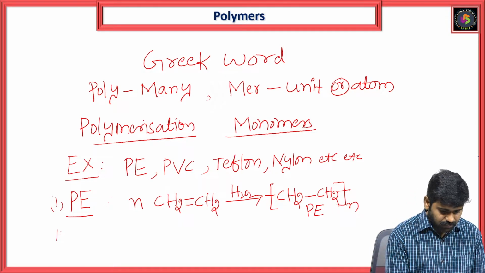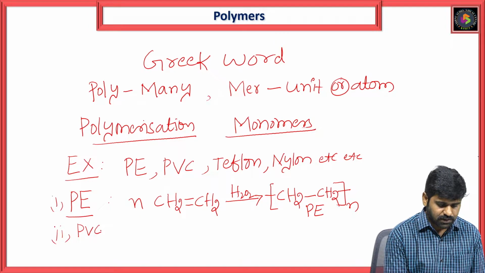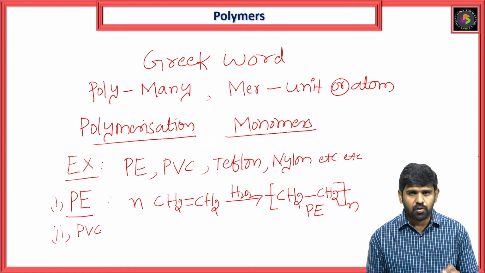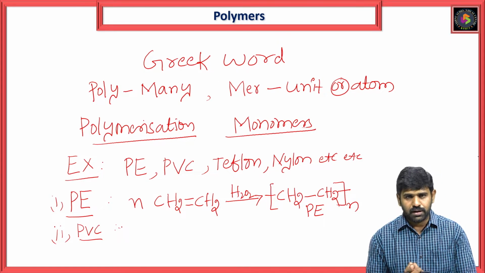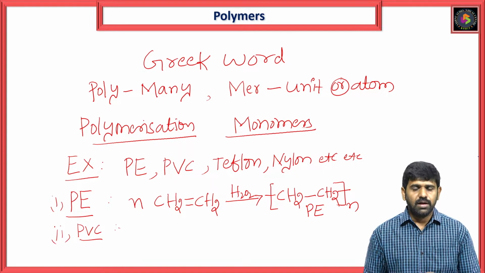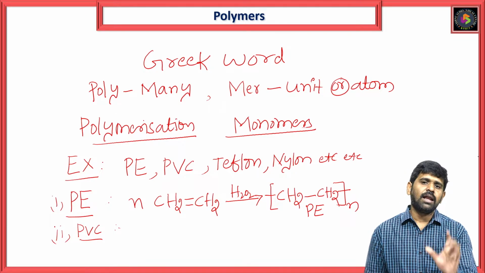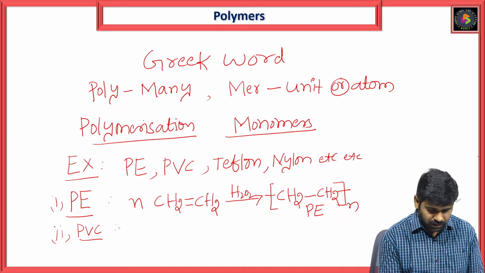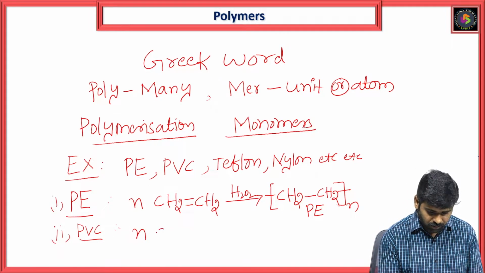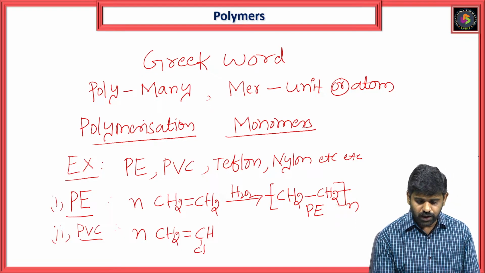Next, the second one, polyvinyl chloride, which is PVC. The name itself indicates vinyl chloride. So polyvinyl chloride is formed by the polymerization of vinyl chloride. What is vinyl chloride? I'll write here: N moles of vinyl chloride, CH2=CHCl. This is vinyl chloride.